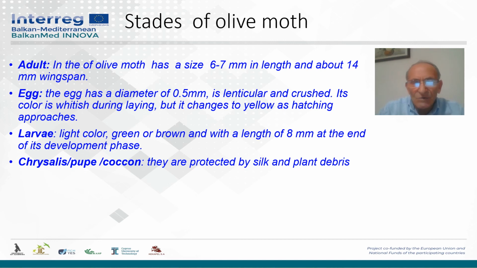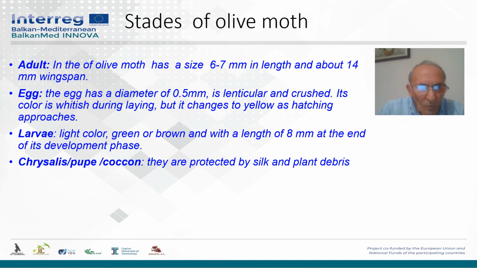Its color is whitish during the laying, but it changes to yellow as hatching approaches. Larvae. Light color, green or brown, with a length of about 8 millimeters at the end of its development phase.